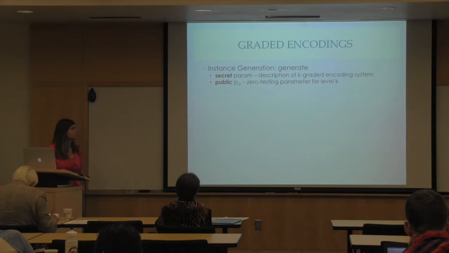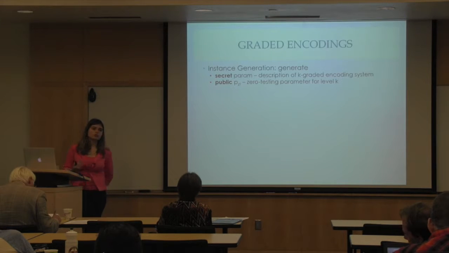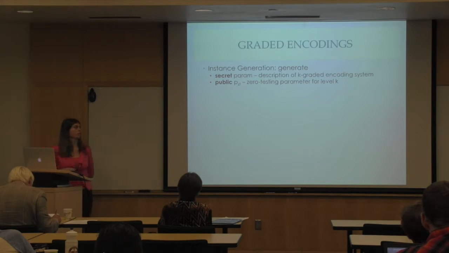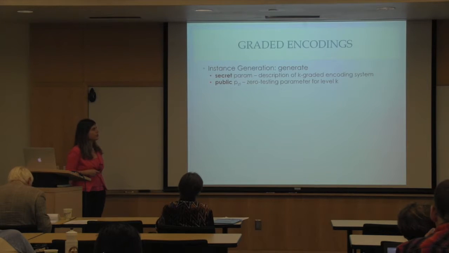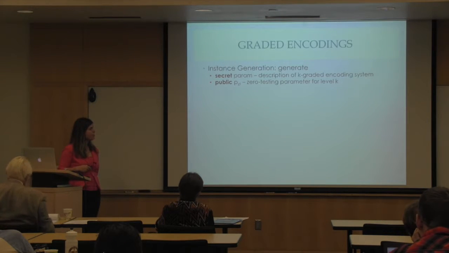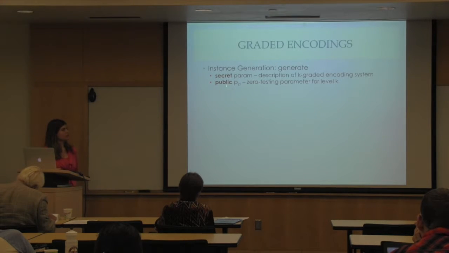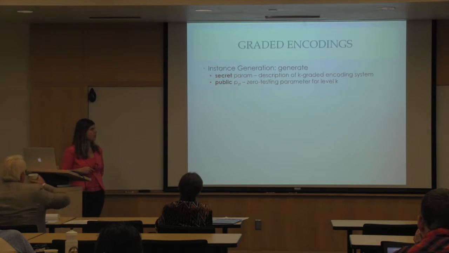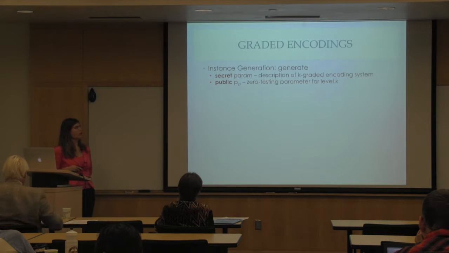If you remember what Dan was talking about, this weighted encoding system requires a structured setting because this parameter is secret. Apart from the secret parameters, we will also have the zero testing parameter, which will be public. And this zero testing parameter will allow us to test whether we have an encoding of zero at some level.